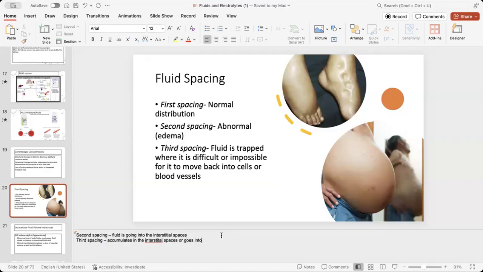What can happen if we have a large amount of fluid that goes into maybe a body cavity, the interstitial space, right? What's happening here? This is not a pregnant female. This is ascites, right? We've got fluid that's shifting into the abdominal cavity there. If all this fluid is shifting into the interstitial space, what happens to my vascular space, my blood pressure?